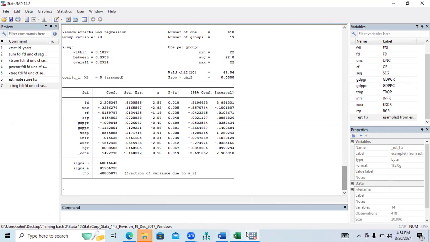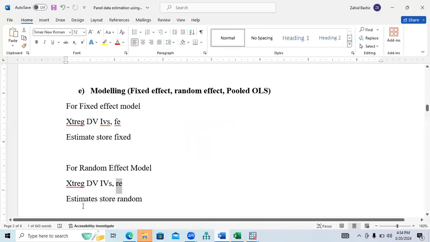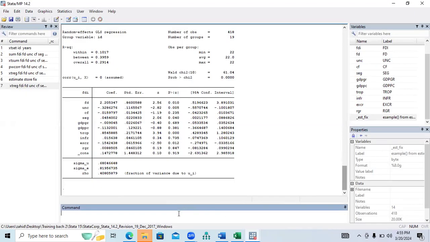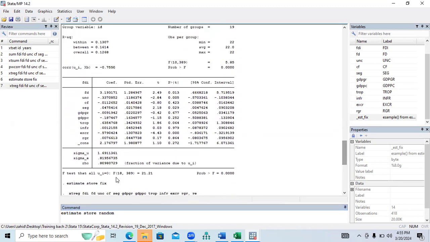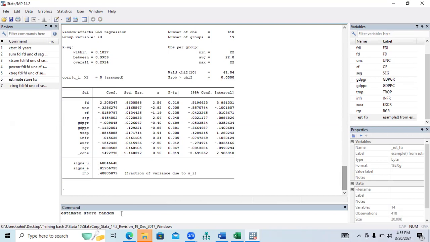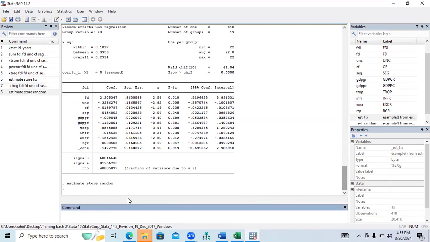So what you need to do next, you need to store the estimates like we have stored in our fixed effect. So we need to use the same command, estimate store random. When you run the fixed effect command, you need to write estimate store fix. When you need to store the random effect estimates, you need to write estimate store random.